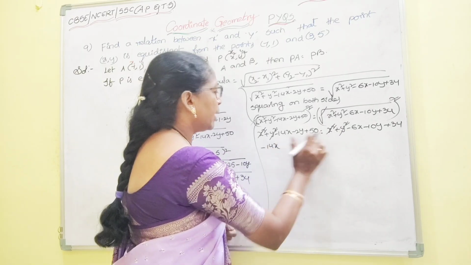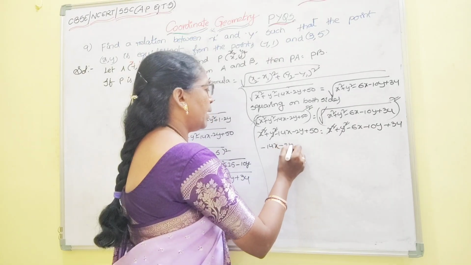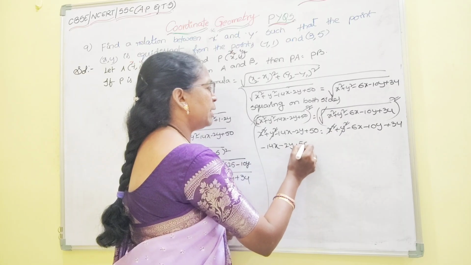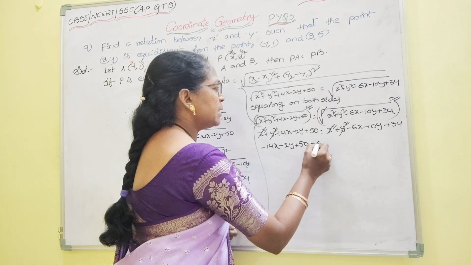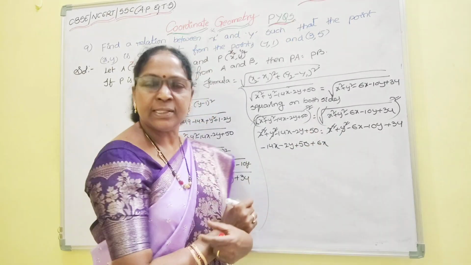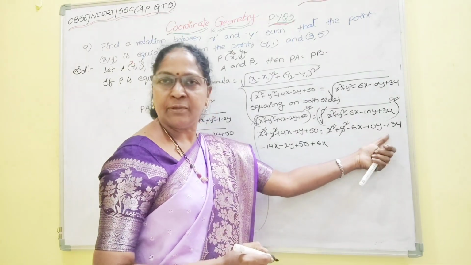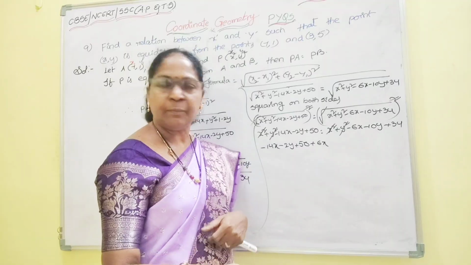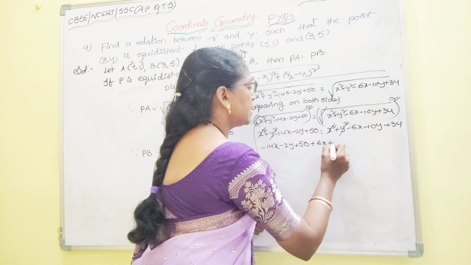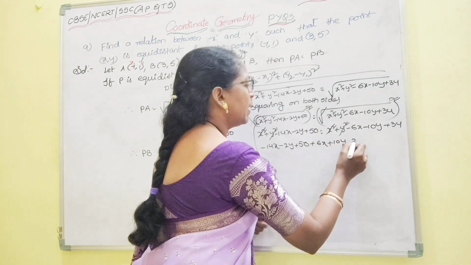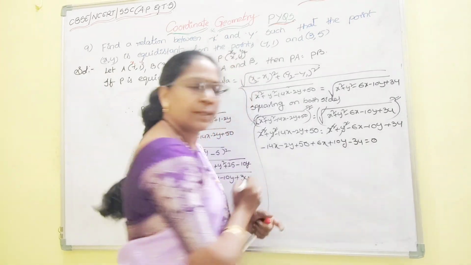First write down whatever remains: minus 2y plus 50, and these all become plus 6x plus 10y minus 34, equal to 0. Whenever these come to this side, all symbols will be changed.